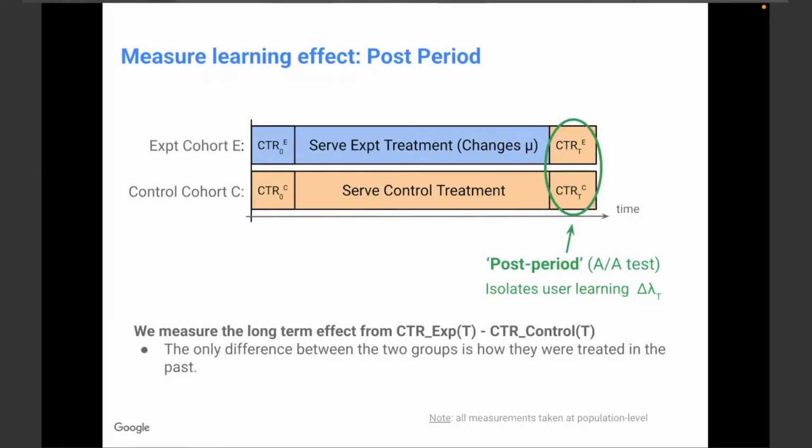Which means the only difference left is that this cohort of the users, before I measure, have been treated under the experiment setting for a long time. But for this cohort of the users, before I try to measure them, they have always been held in the production for a long time. That's why when I compare these two cohorts of the cookies, the only difference comes down to: after being treated in the treatment for so long, what's the change in their user behavior? And that's what we call user learning.